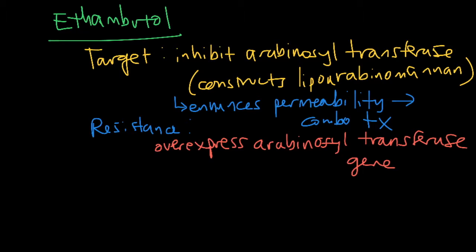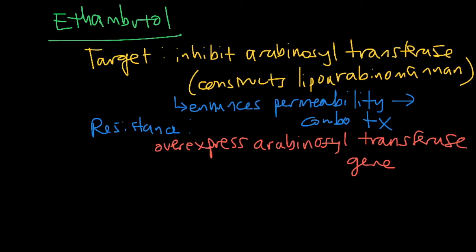This also enhances the permeability of ethambutol and other drugs, so it's frequently used in combination therapy. Resistance to ethambutol can develop when mycobacteria overexpress the arabinosyl transferase gene. And when you overexpress this gene, then you produce more lipoarabinomannan, since arabinosyl transferase is involved in constructing lipoarabinomannan.